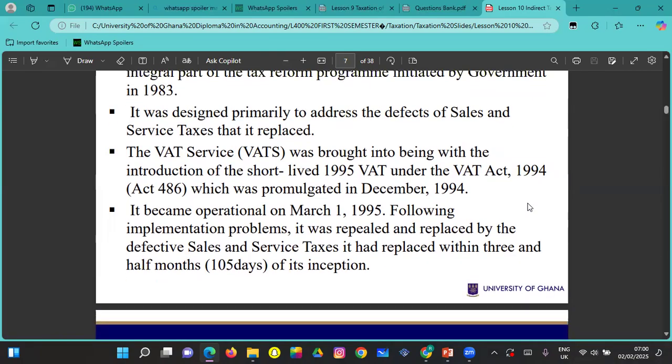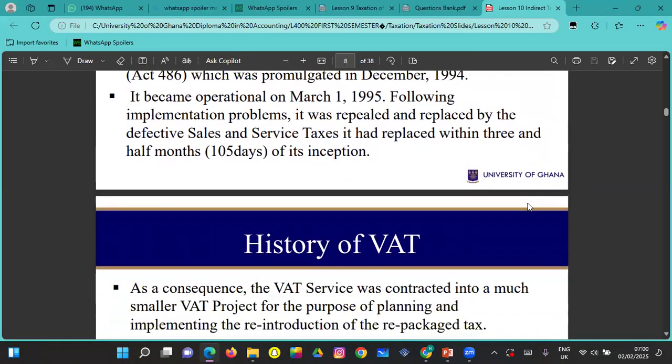It became operational on March 1st, 1995. Following implementation problems, it was repealed and replaced by the defective sales and service tax it had replaced, within 3.5 months of its inception.